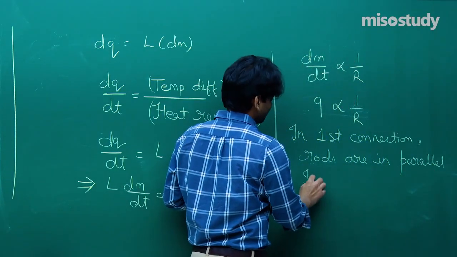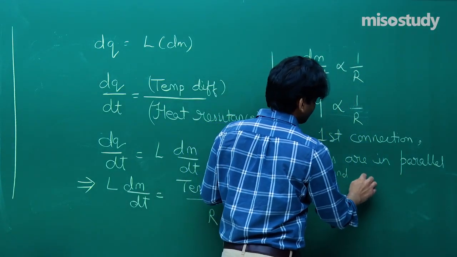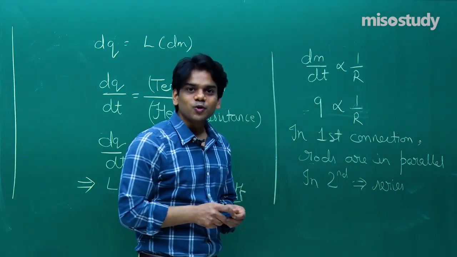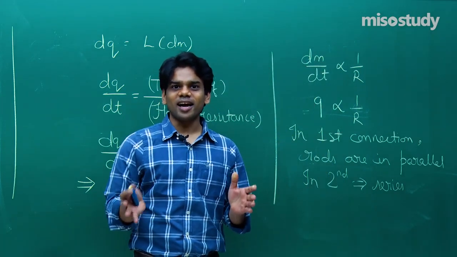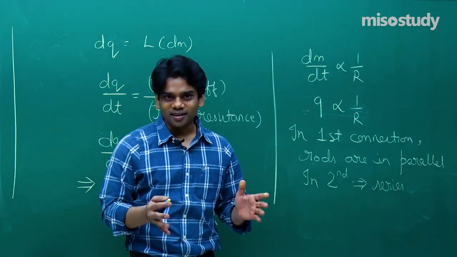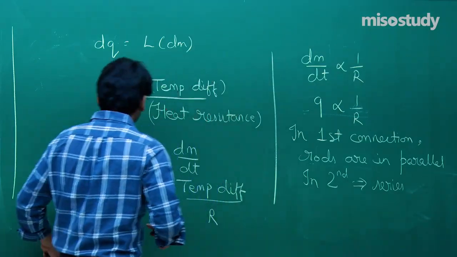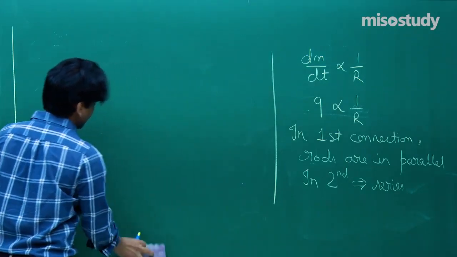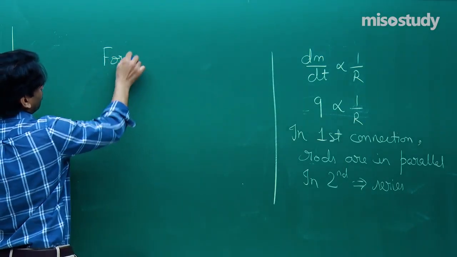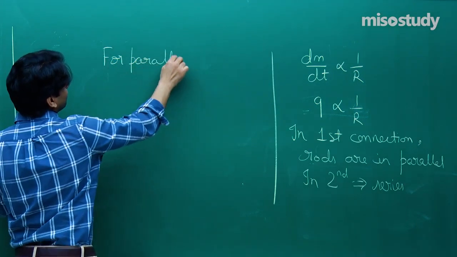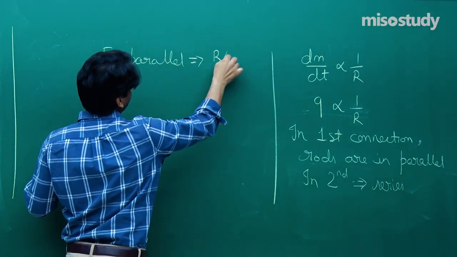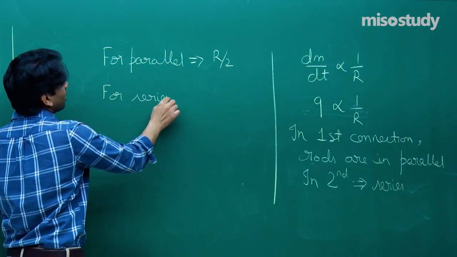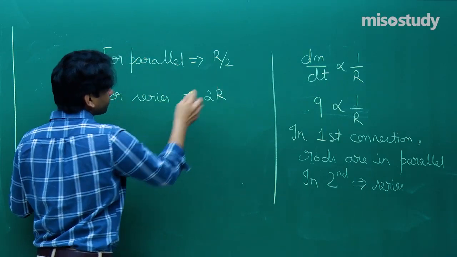Clearly, if R is the individual thermal resistance of each, since they are identical, each thermal resistance will be R. For parallel, the net heat resistance will come out to be R by 2. For series, it will be R plus R, that is equal to 2R.